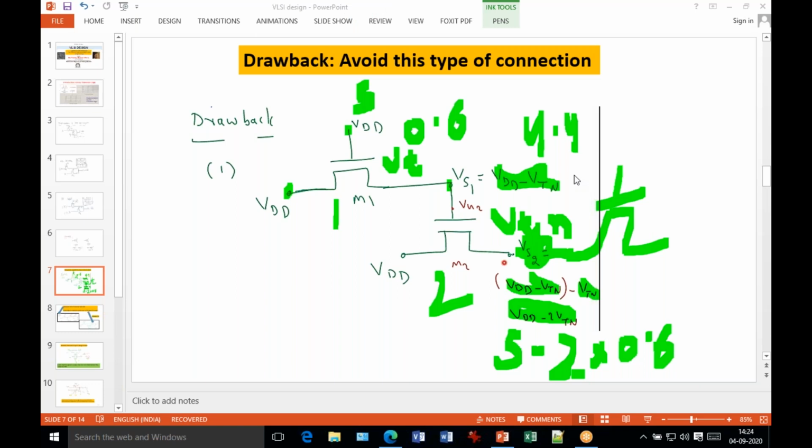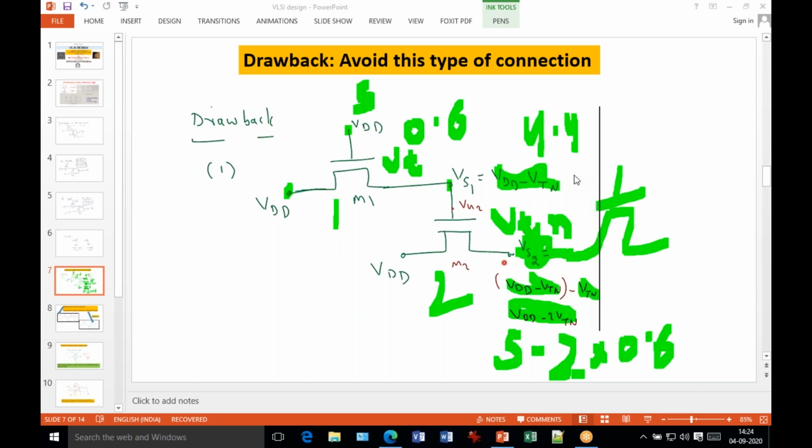Your output signal is not a full swing. It may be degraded after some time. In the next lecture, I will discuss the solution, how to get my full output. My output voltage should be accurately 5. But here the problem is your output voltage is degraded if you cascade a larger number of transistors in this manner.